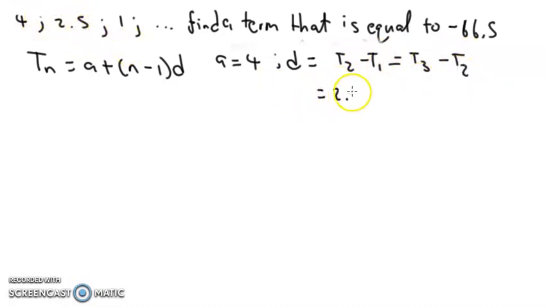2.5 minus 4 is the same as 1 minus 2.5. So this is term 2 minus term 1, and this is term 3 minus term 2. You should expect to get the same answer.